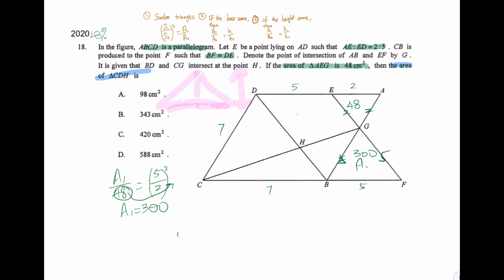If that is the case, height same, then the area ratio is the base ratio. So this whole thing is A2. Area ratio is the base ratio. So that's why A2 is, use calculator, you should be able to get 420. This whole thing is 420. Okay, not just one of them, just the whole thing.